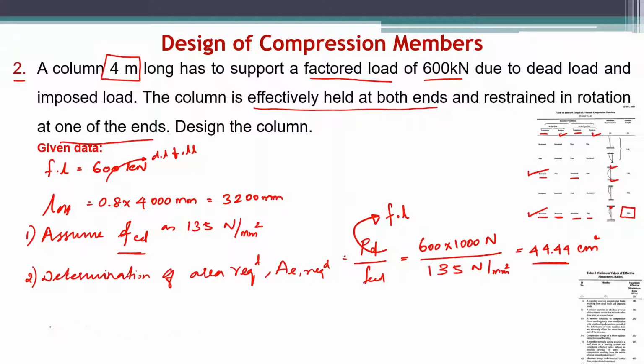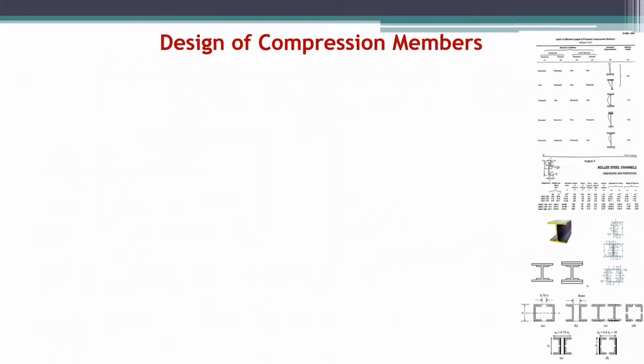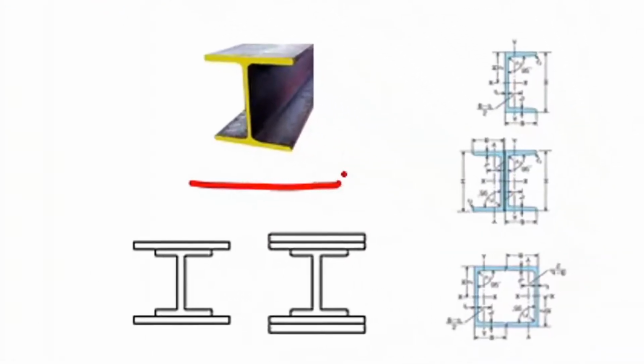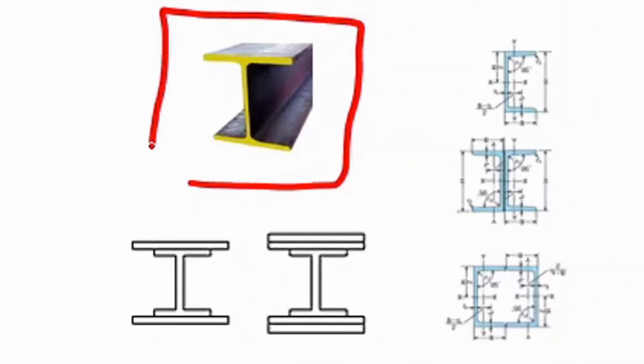So now I have to select the section. Selection of section from steel tables or any other relevant Indian standard codes. Now in the previous numerical, we selected an I section to withstand the applied factor load.